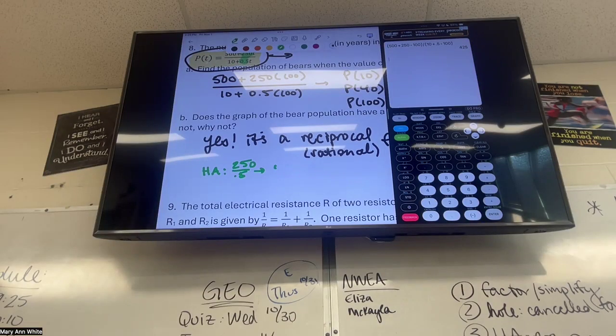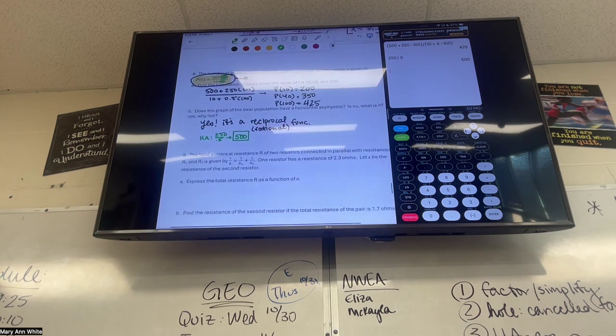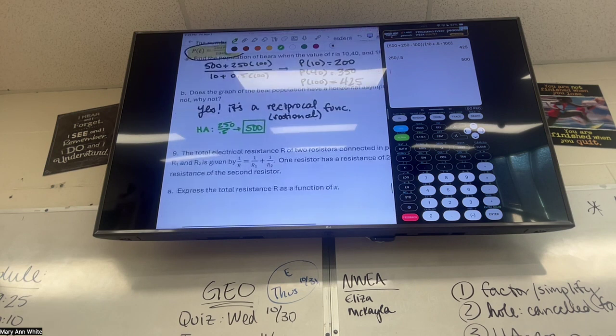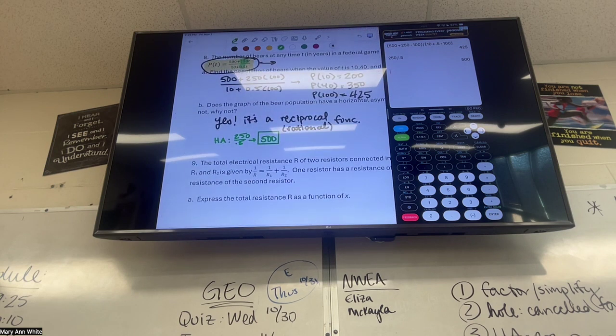I think it's 500. So it has a horizontal asymptote at 500. Cool. That was just plugging in. That was finding for a horizontal asymptote. We good so far? Can we do one more?